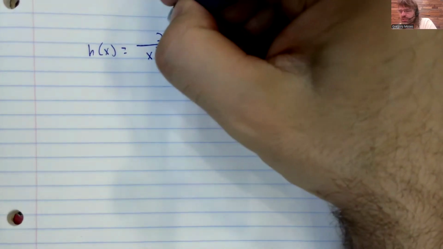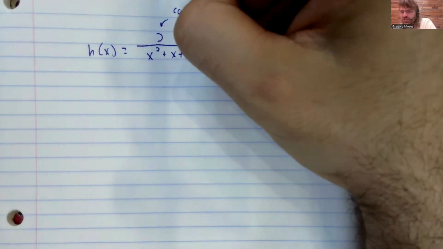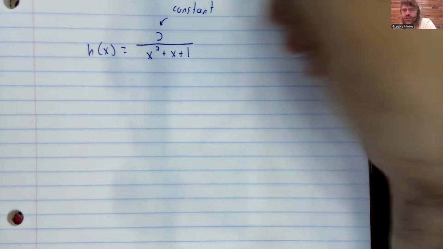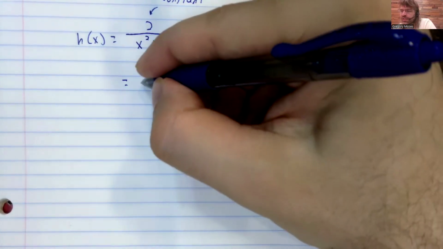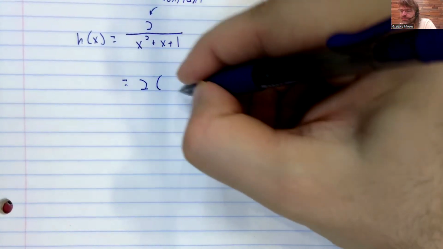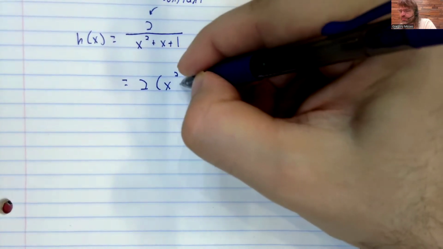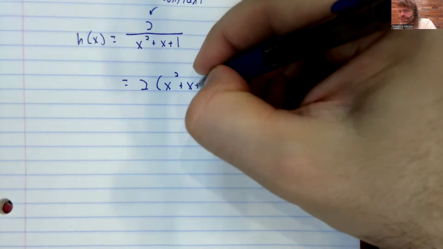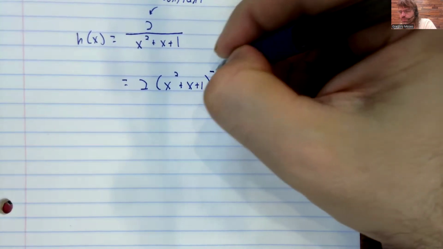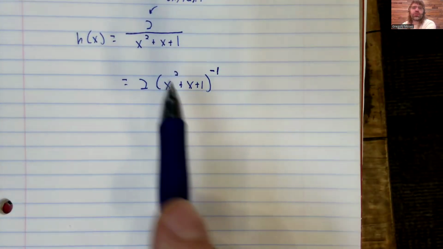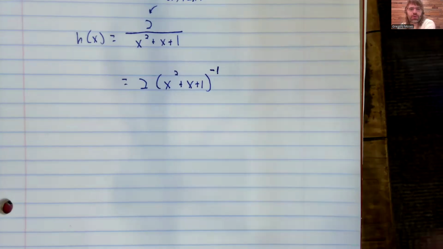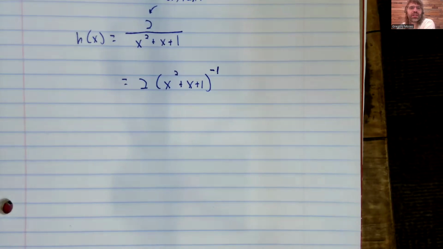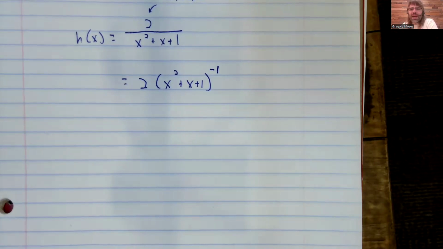Often when we just have a constant in the numerator, though, we find it more convenient to rewrite division as a power. This is 2 times x squared plus x plus 1 to the negative first power. And why do I say this is more convenient? Well, because the quotient rule is messy, right?